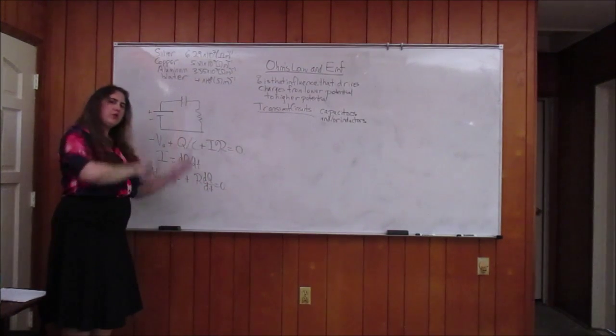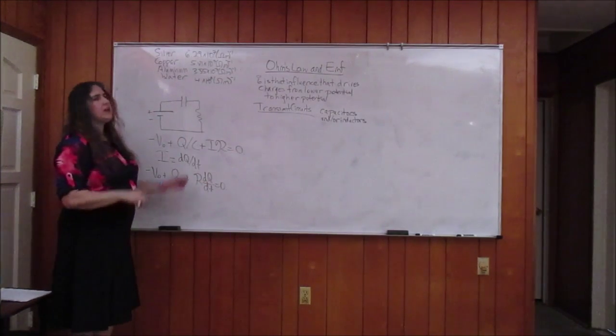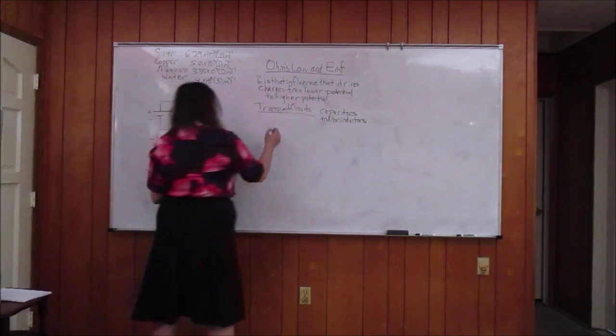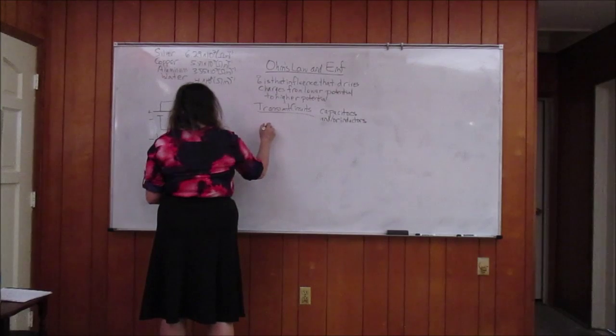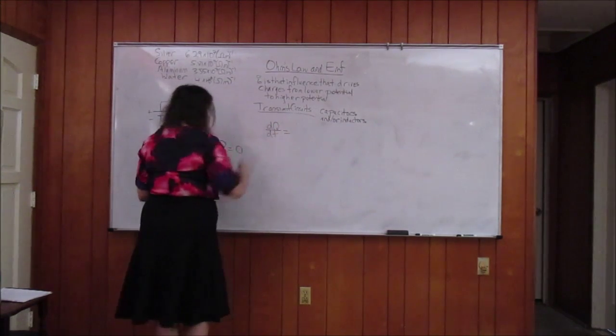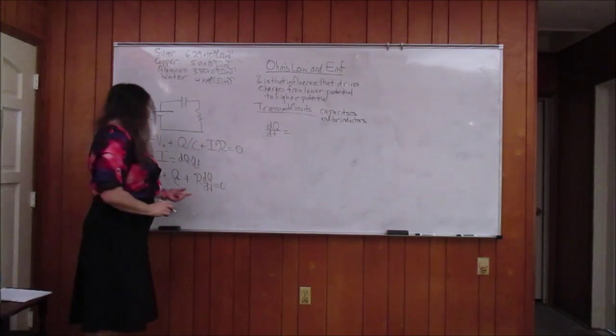I'm going to combine all the Q terms over to one side and all the time terms over to the right-hand side and integrate. First, I'll isolate dQ by dt.